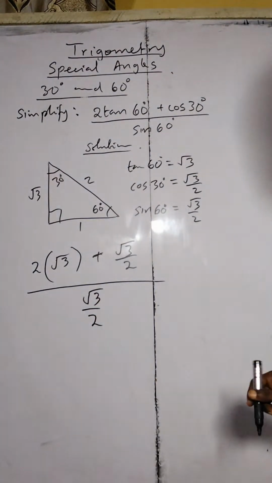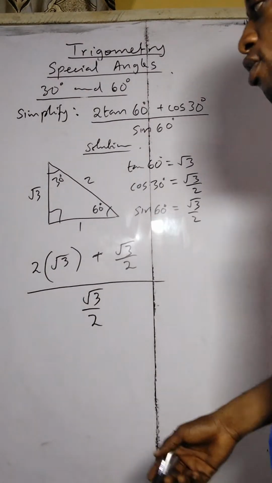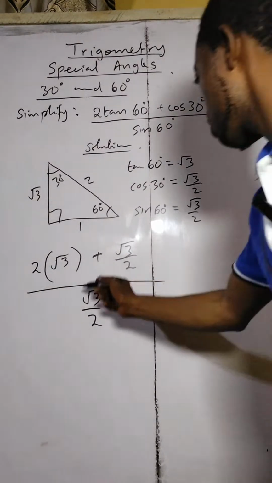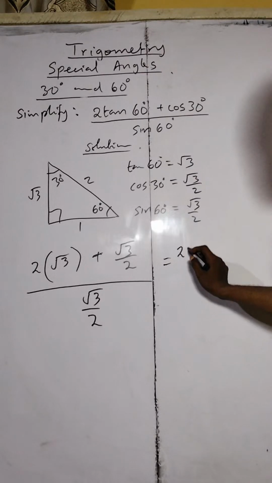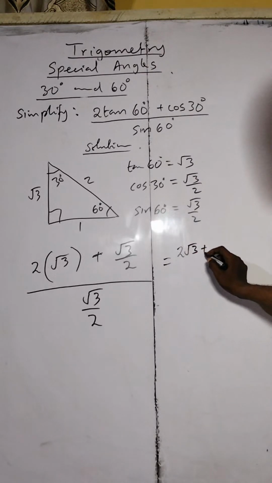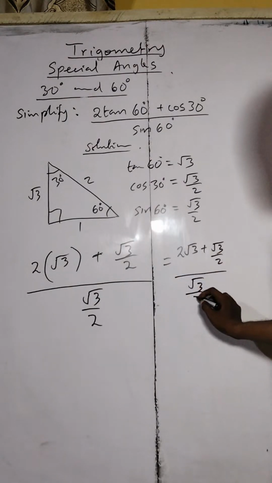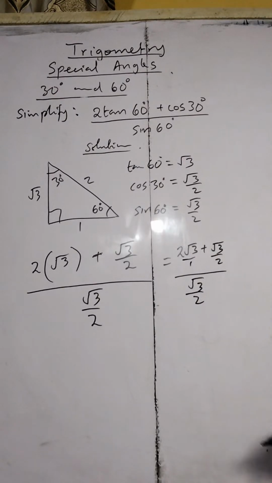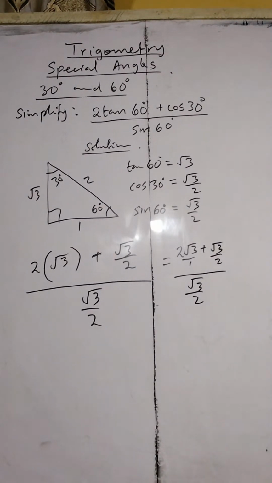Now, all we need to do is simplify this any way we want. So what we have up here will become 2 root 3 plus root 3 over 2, then all divided by root 3 over 2. We can decide to bring this up together as one fraction before we divide.